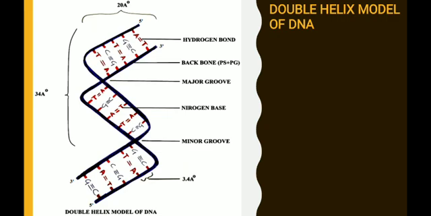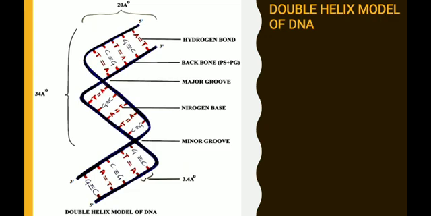Just observe the base pairing between A and T, G and C, as well as vice versa, T and A, C and G. And just observe the number of base pairs in each segment. There are 5, total 10 base pairs per turn.